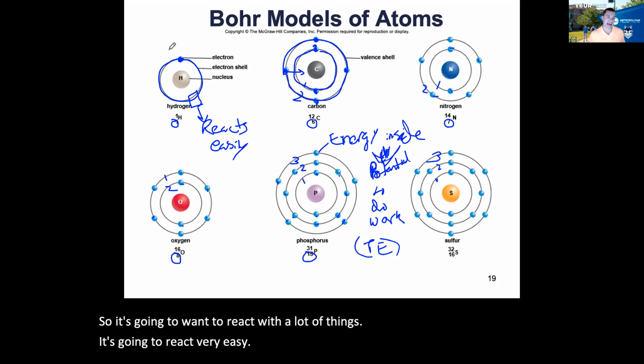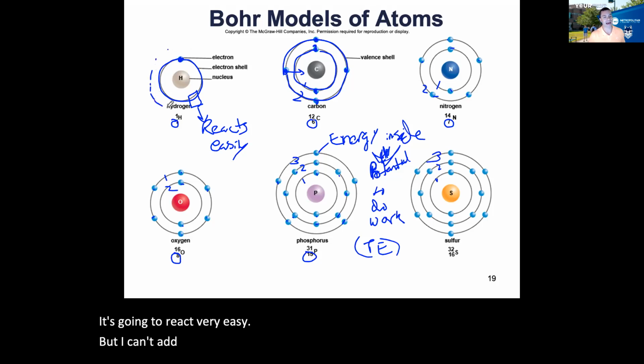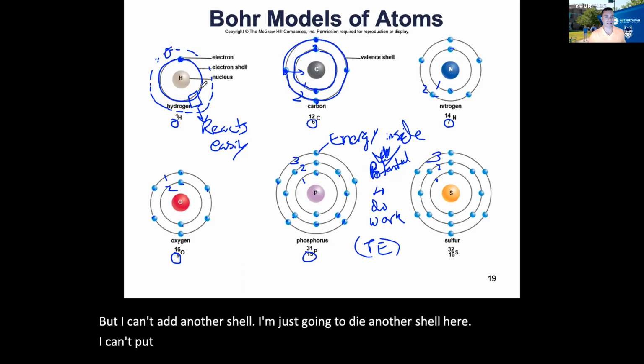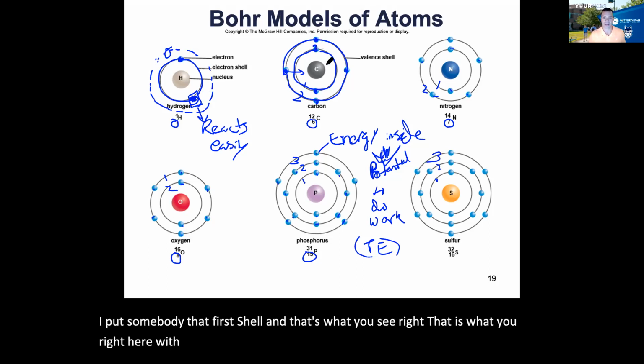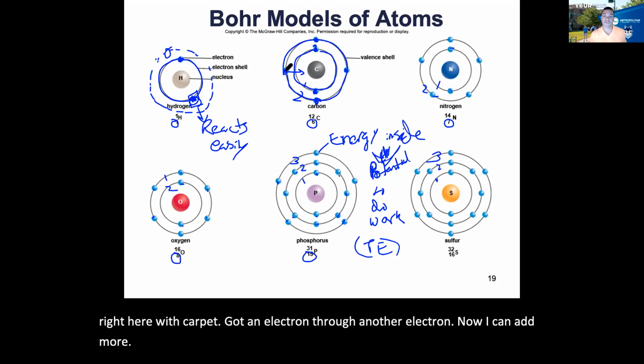But I can't add another shell. I'm just going to dot another shell here. I can't put any electrons here until I put somebody in that first shell. And that's what you see right here with carbon. Got an electron, fill in another electron. Now I can add more. 2, 3, 4.